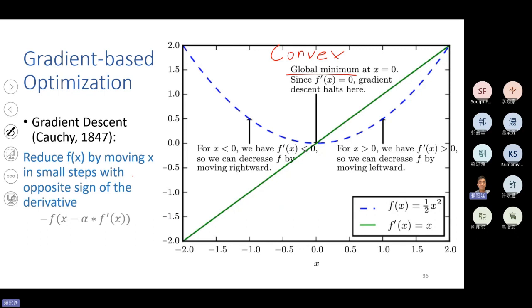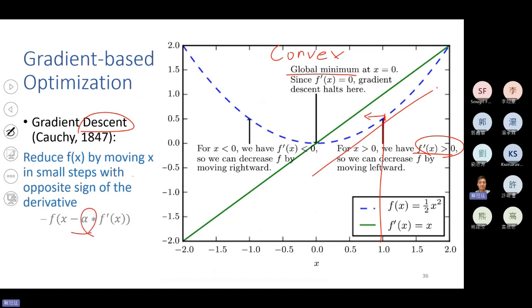But in practice, usually we don't know where to go. In practice, the function is very complicated, and there's no guarantee there's a global minima. So we will randomly select a point like this, right? And then we calculate the derivative to find the tangent line. We will find that the slope is larger than 0, which means if we want to minimize our function, we should move in this direction. So in gradient descent we subtract a small value.